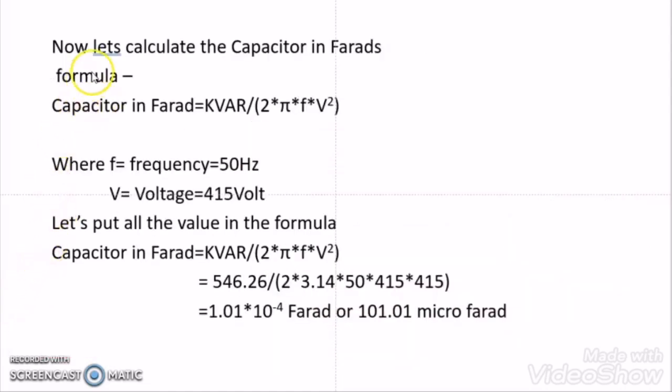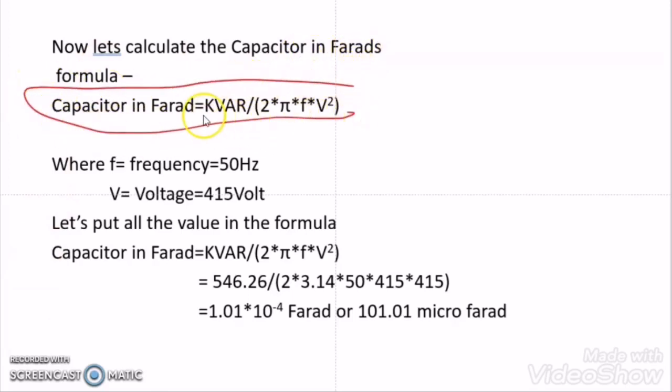There is a formula for this: capacitor rating in farad is kVAR divided by 2 pi f into voltage square, where f is the frequency, that is 50 Hz, and V is equal to 415 volt, because all the systems we discuss here in the examples are 3-phase.